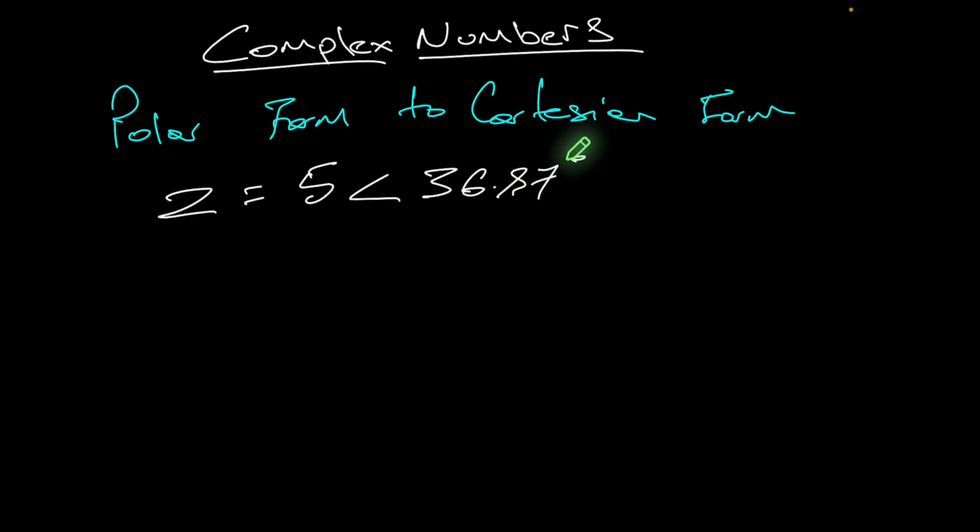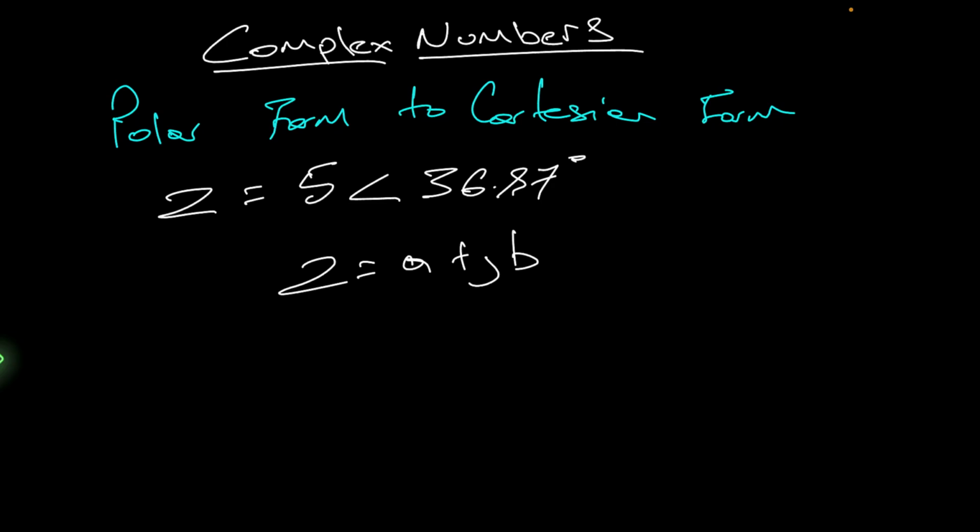Now, for this, we need to work out our real part and our imaginary part. Since the format that we have here for Cartesian form is z equals a plus jb, if we work out what our a part is, which is our real part, and our imaginary part, which is our b part, then we just put those answers in.